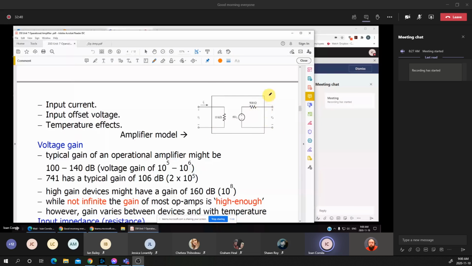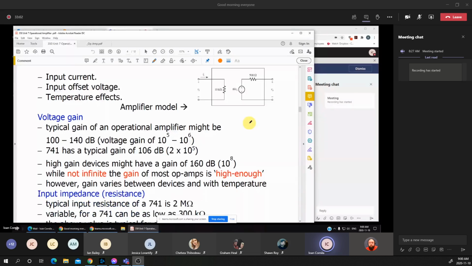In this way, we can make the approximation or the model for an op amp, which has an input impedance and an output impedance in series with an ideal voltage source.